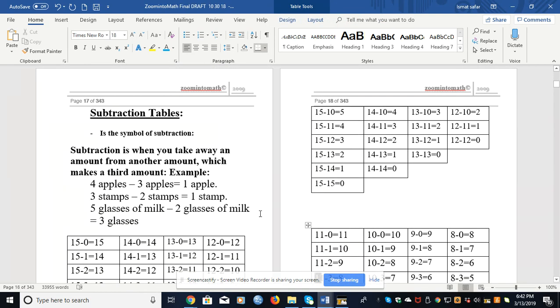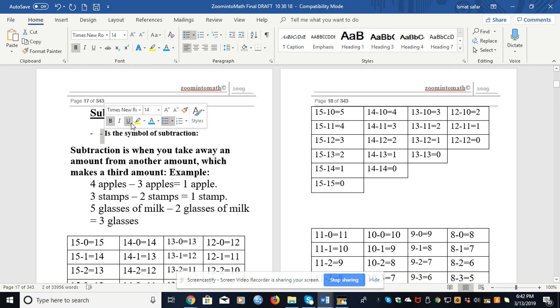And then we have subtraction. Now, this symbol here is the sign of subtraction, the symbol of subtraction. Subtraction is when you take away an amount from another amount.